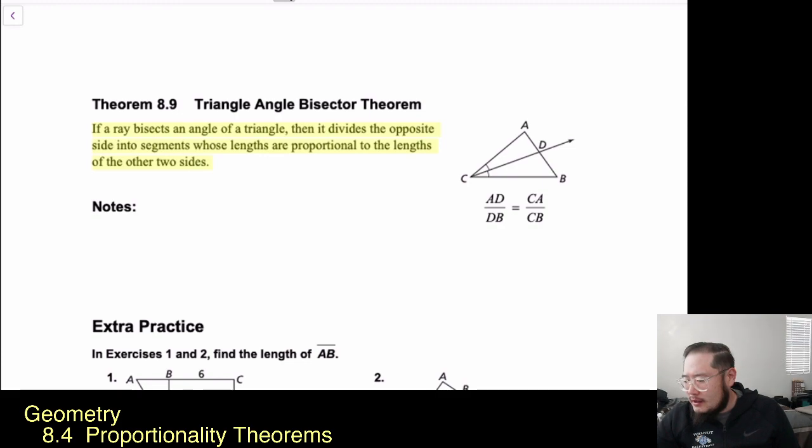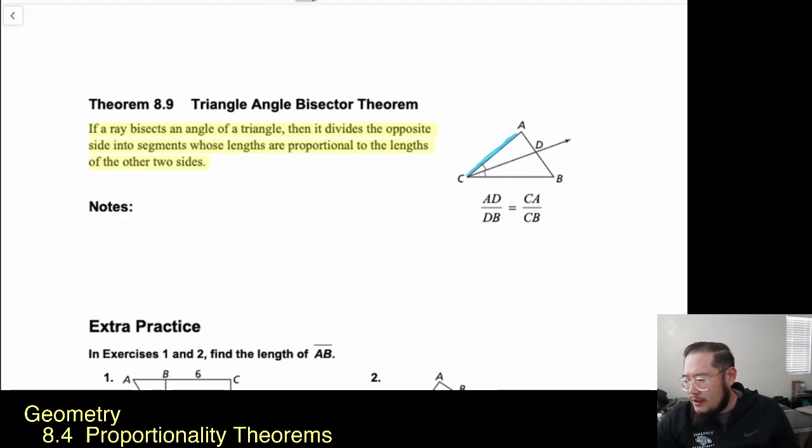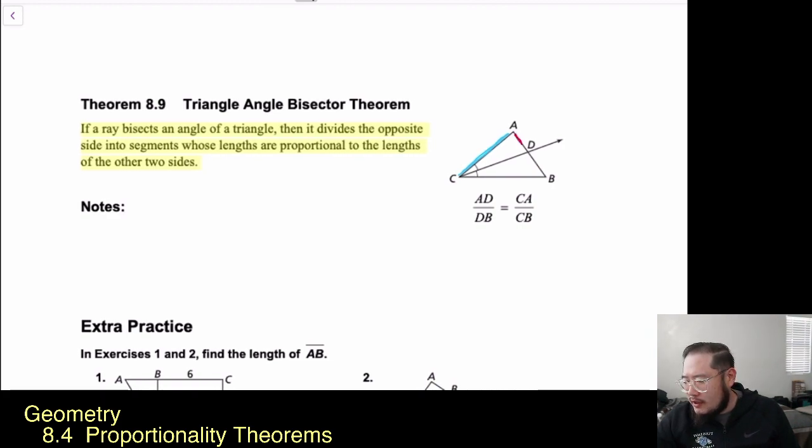We've got AC, and then we put that over right here, A to D. So we've got our proportion.